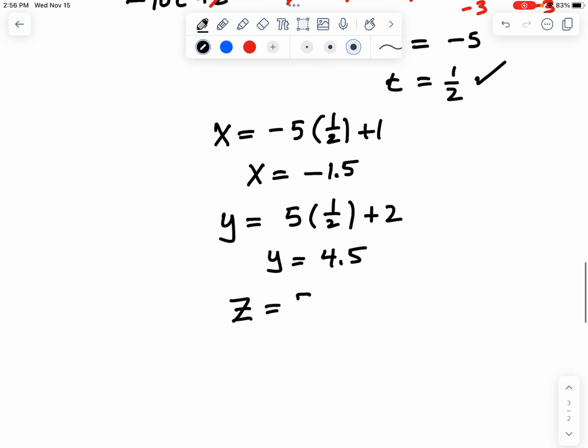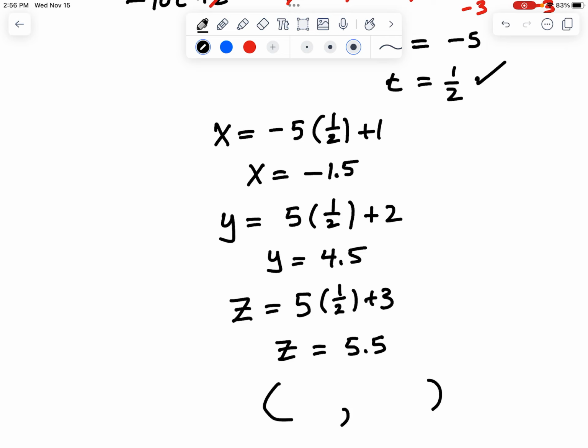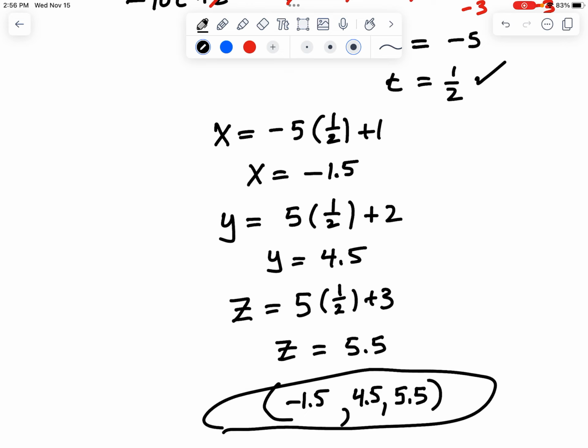So 5 times a half plus 3, which is going to be 2.5 plus 3, that is 5.5. And then I should write it as an ordered triplet. So x was -1.5, y was 4.5, and z 5.5. So that is where they intersect.